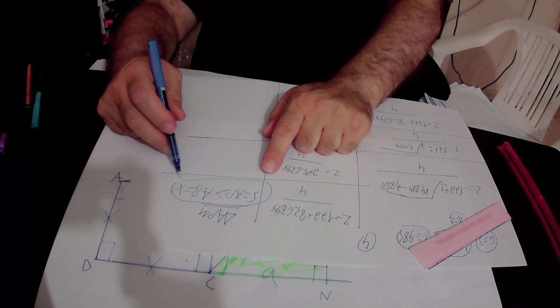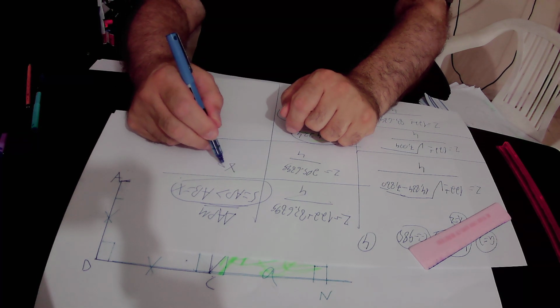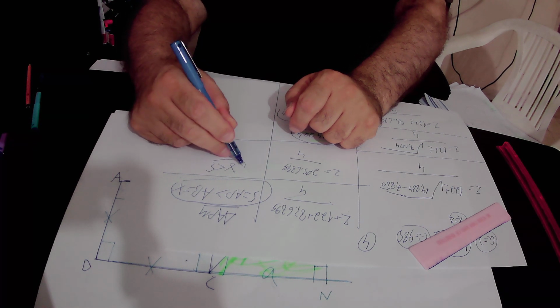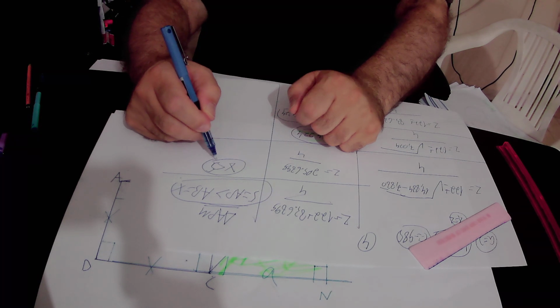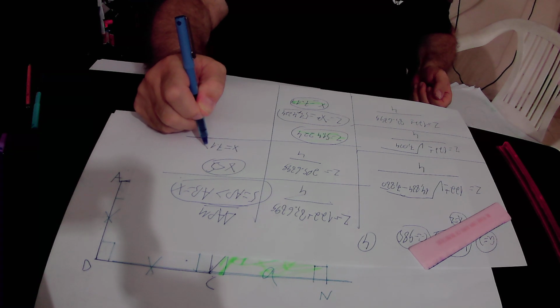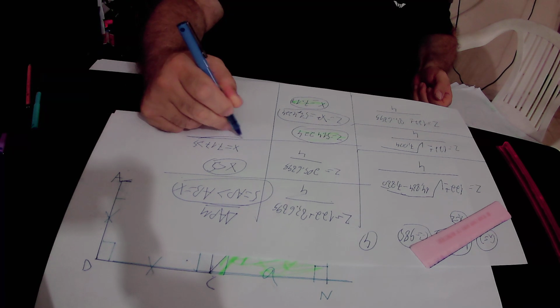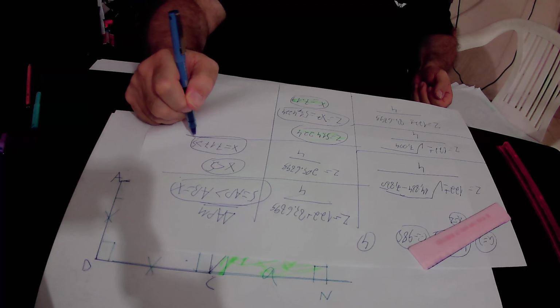So from this inequality we derive that x is less than 5 units. But we just found that x equals 7.17 units, which is bigger than 5 units. So we have here a contradiction.